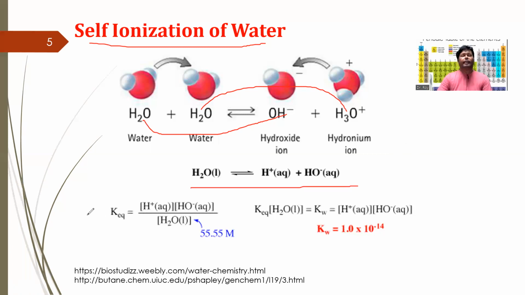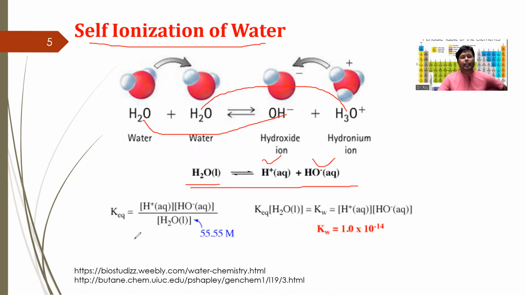If we write the equilibrium constant for this reaction, it will be the multiplication of the concentrations of the products, here two products, H plus and OH minus, divided by the concentration of the reactant. Here this is the concentration of the reactants.